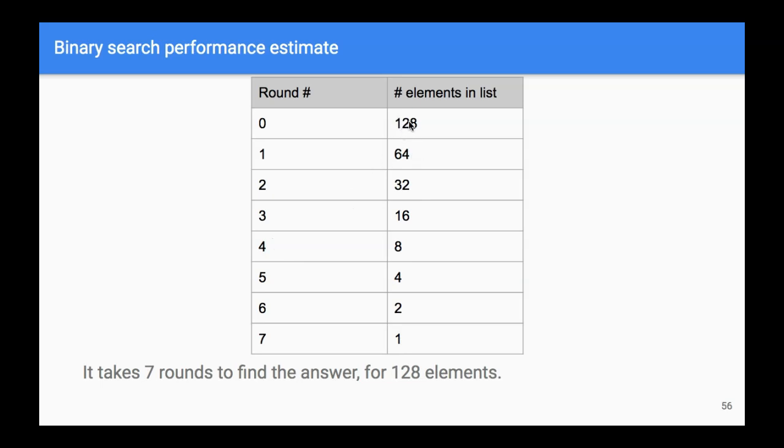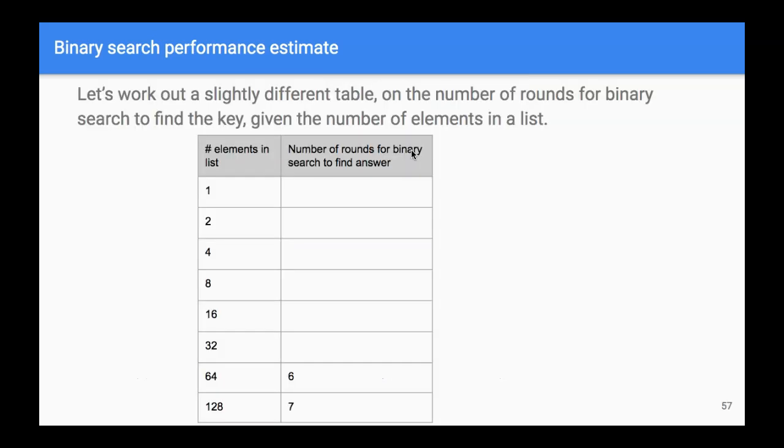Because from 128, we just take one call to binary search, and we'll eliminate half of the list, so 64. When you think about this, it is quite remarkable, right? Because we doubled the size of the input, but we added only one more call to binary search. So this is actually very good.